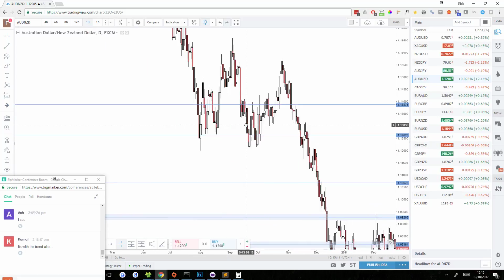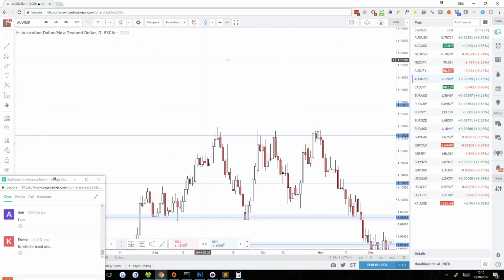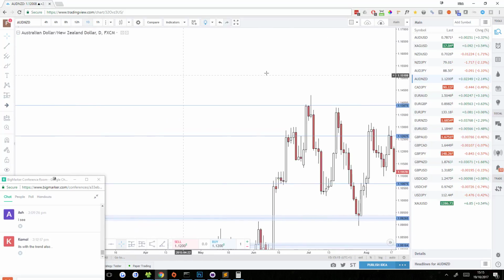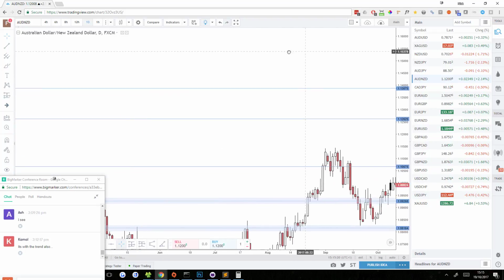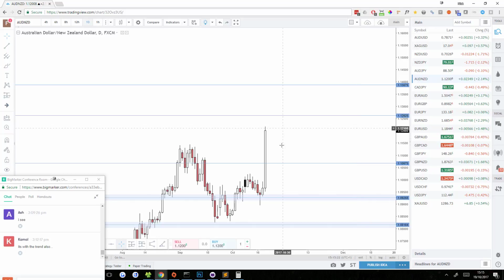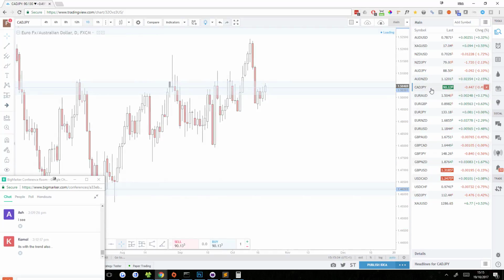I don't like going back too far. Nah, I don't want to go back to 2013. I'm just going to stick with those ones. Right, so it's not really at any of those resistance areas I just placed, and those aren't like the best resistance areas. I just threw them up based on 2016 data, so I'm not going to really do anything with that. I'm not interested in AUD New Zealand right now.